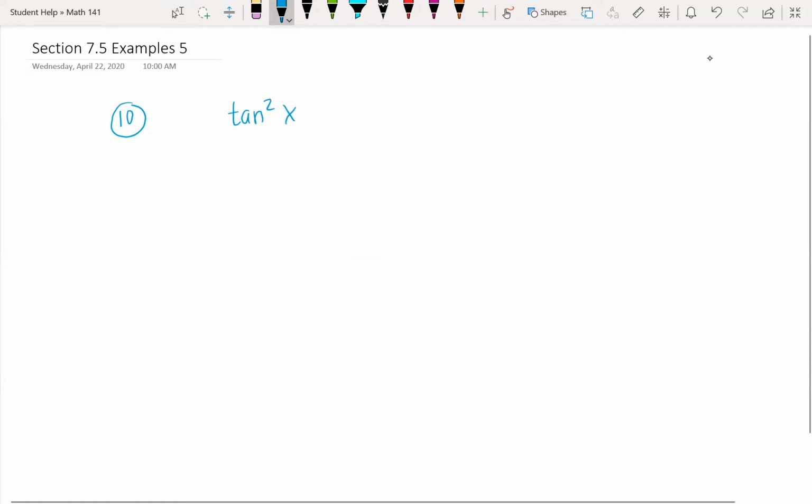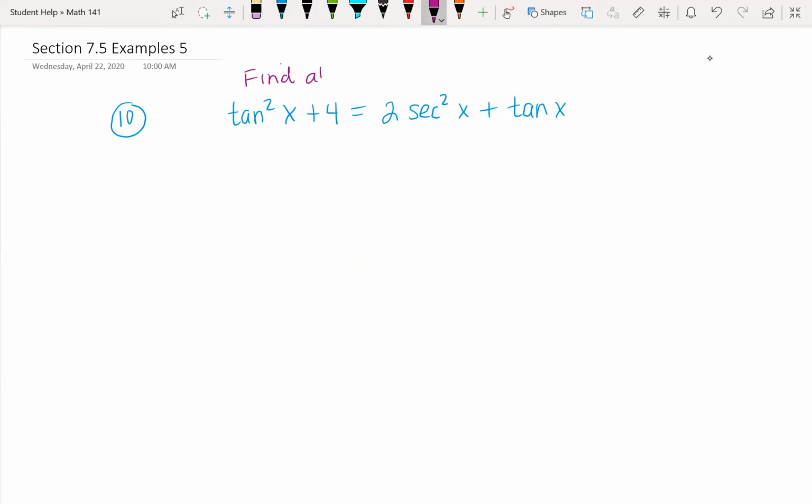Tangent squared x plus 4 equals 2 secant squared x plus tangent x. And we want to find all solutions in 0 to 2 pi. Now we've got two different trig functions, and so what we need to do is make an exchange.